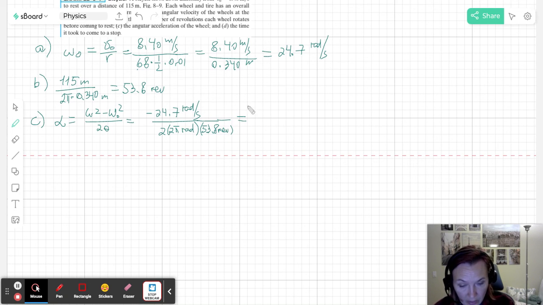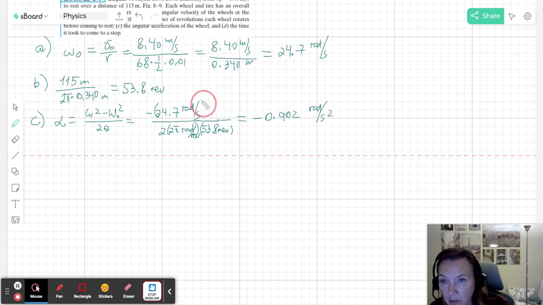Once we multiply all that, we get negative 0.902 radians per second squared. I forgot to square this term; looking at the units, this is seconds squared, so yes, this was squared.